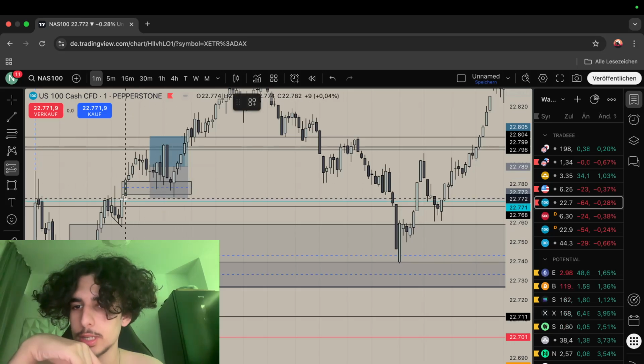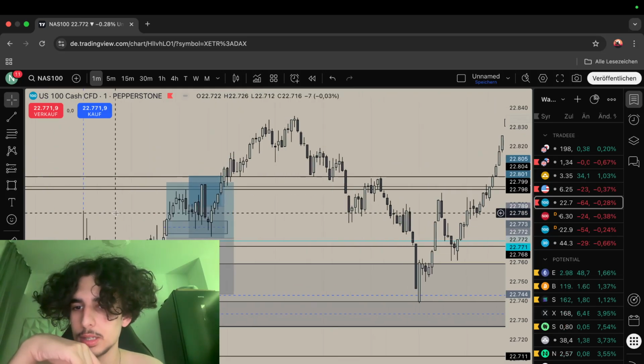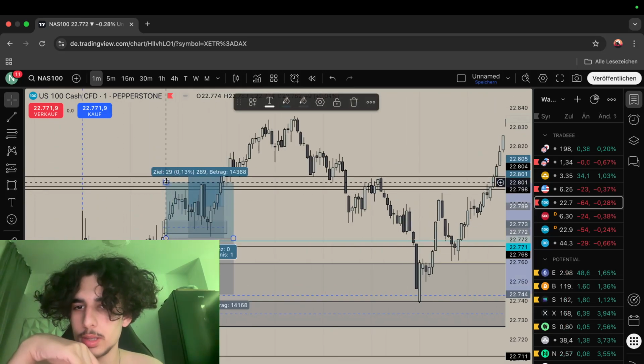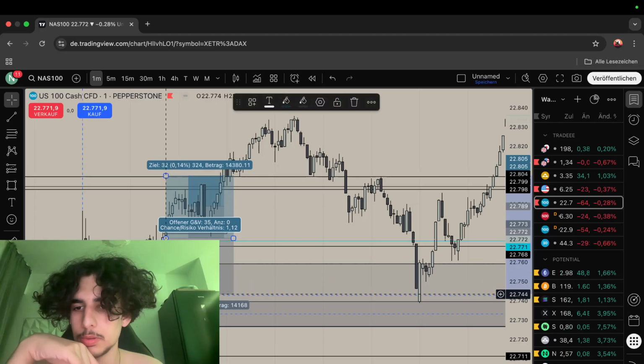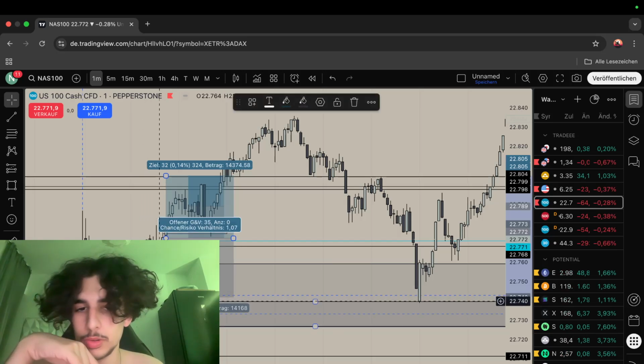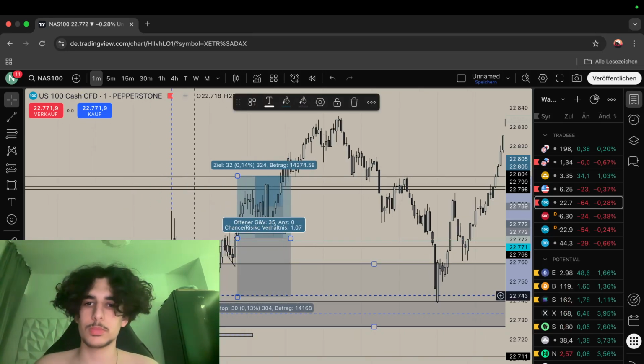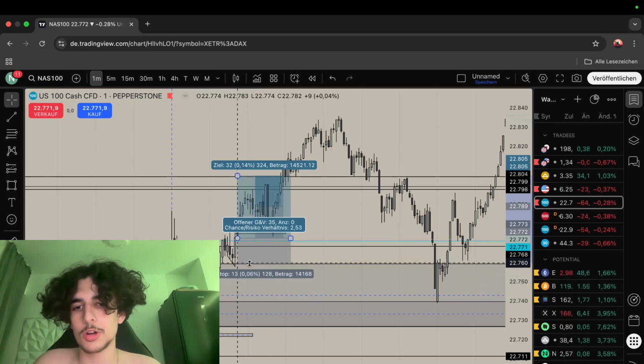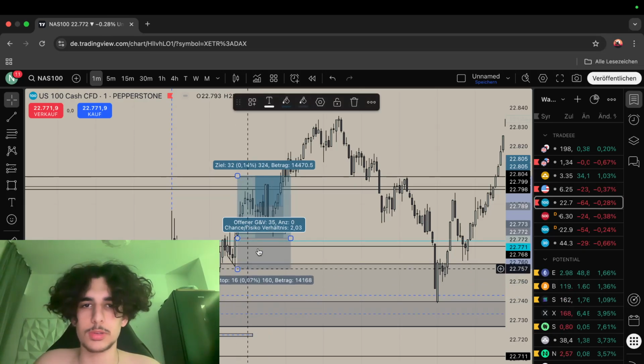The normal trade entry. Bang. This would have been our trade. Maybe stop loss... nah, this would have been too close. Maybe at this 0.5 mark of the gap, or just this low, but I think I wouldn't do that.